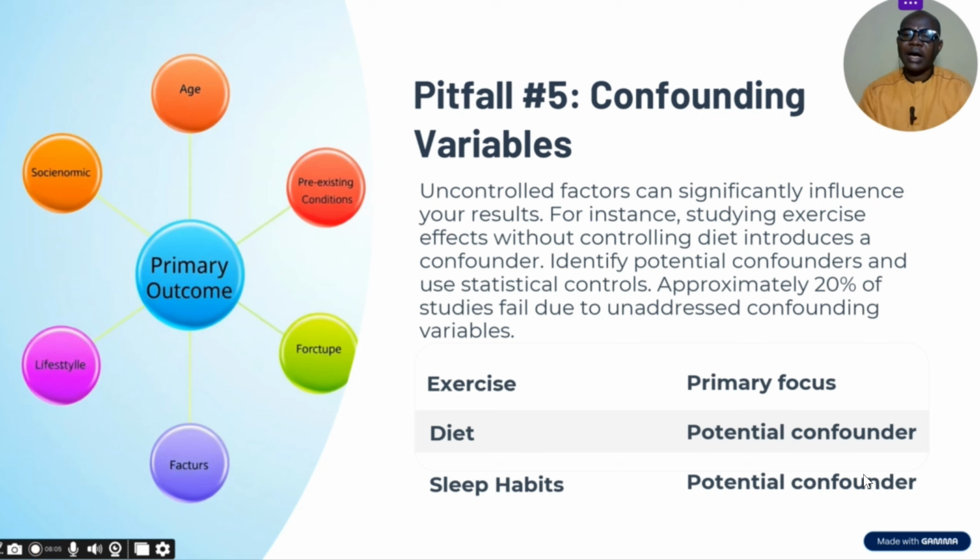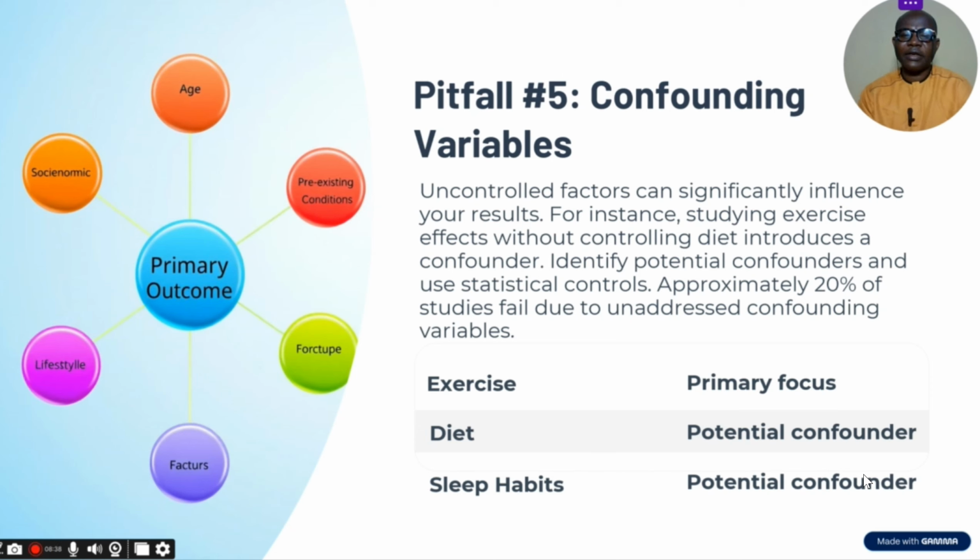Confounding variables are variables that are not of primary interest in our research, but need to be properly addressed so that they don't greatly affect the results of our research findings. An example is, if we are to study the effect of exercise, it's important to control for diet, because diet can be a confounder in such a study.